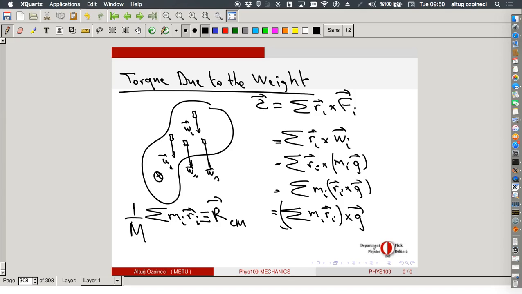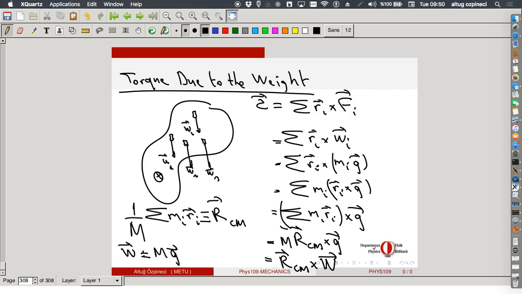So this sum over here is nothing but m times our center of mass, which we can also write as r, the position of the center of mass, cross w, which is m times g. It is the weight of my object, the force due to the weight of my object.